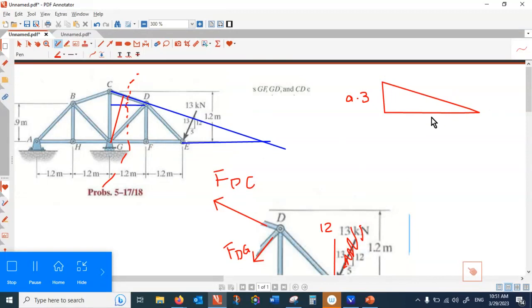And from here to there, that is 1.2. So this angle, I call this theta, and that is the same as this angle because these are similar triangles, right? And then I call this point S. So now in this triangle, call this point M, for example.